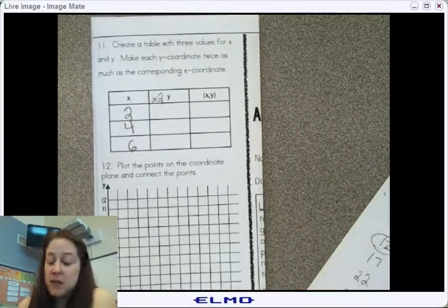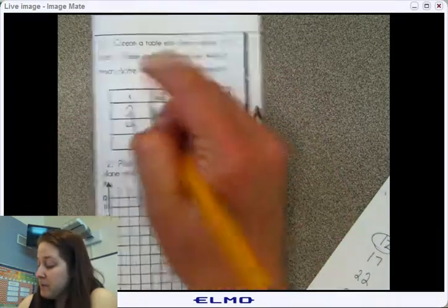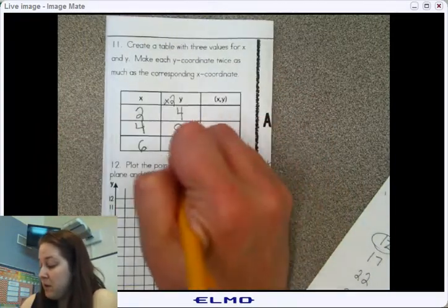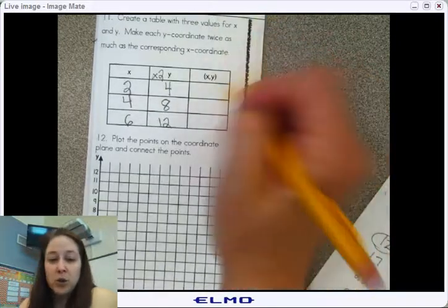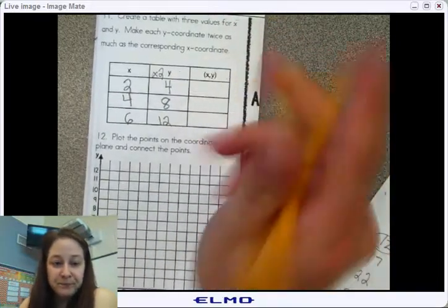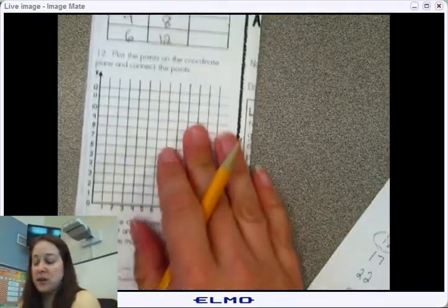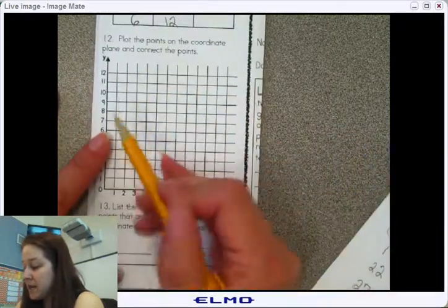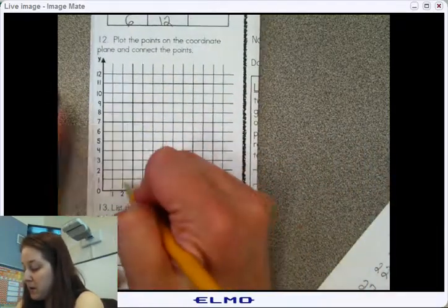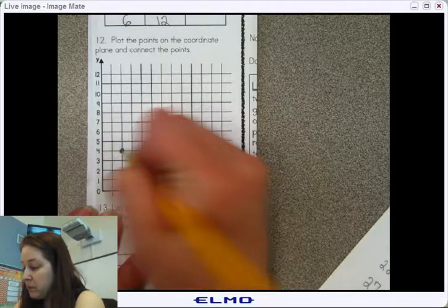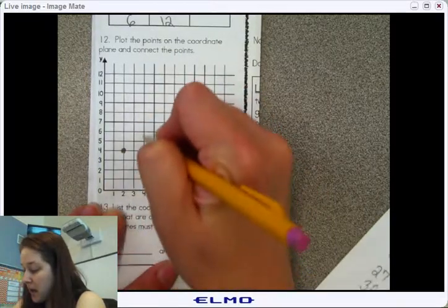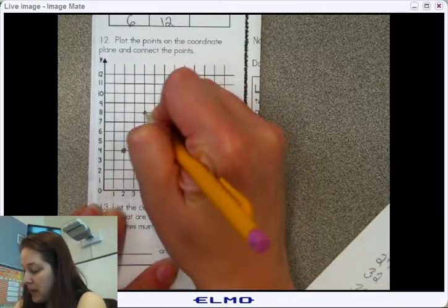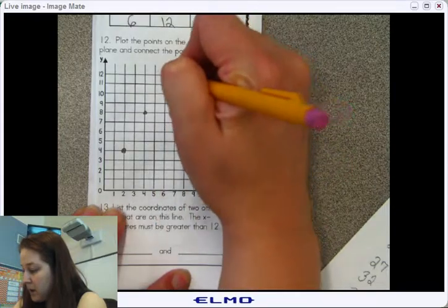So 2 times 2 is 4, 4 times 2 is 8, 6 times 2 is 12. So then you're going to put your coordinate points on this side here. And you're also going to come down here and plot it again. So you're going to do 2 and 4, 4 and 8, and 6 and 12.